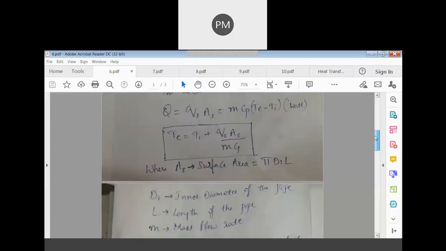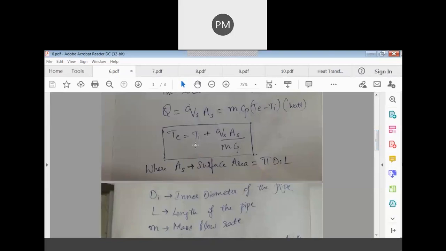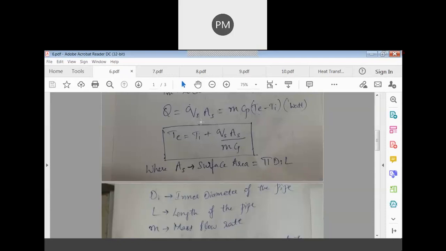And also, if you want to find the temperature of the fluid at the exit of the pipe, then you know the formula Q is equal to m Cp (Te minus Ti). Capital Q is nothing but small q into surface area, since heat flux is total heat transfer by area. So capital Q will be small q into As.